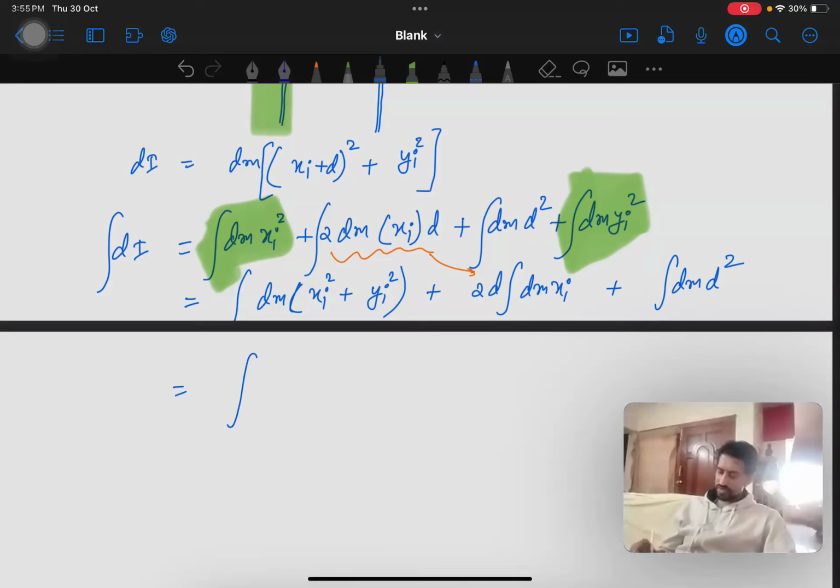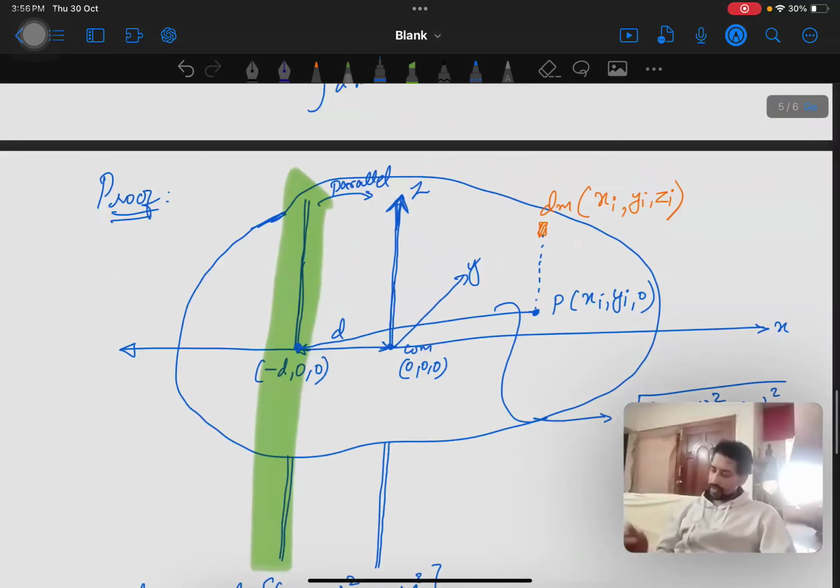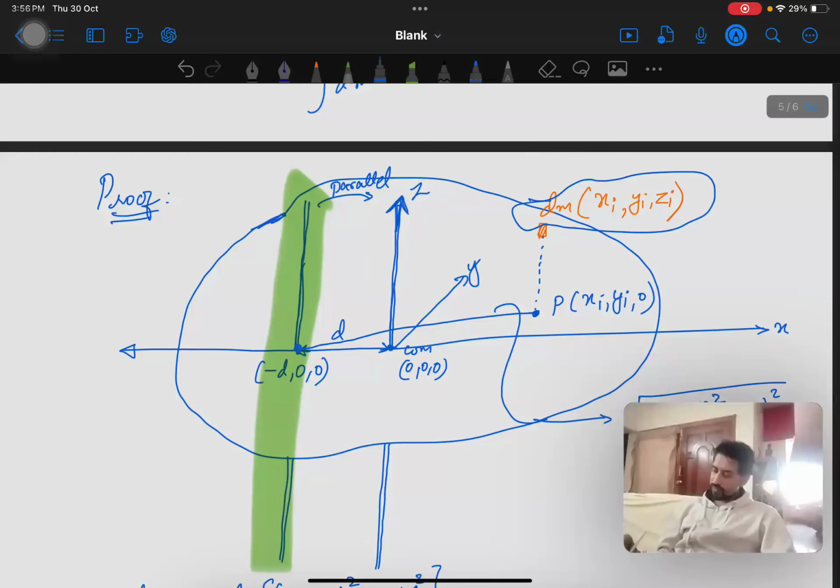So what is this one? dm multiplied by (xi square plus yi square). Is it not the moment of inertia about the z-axis? Yes, it is. This is nothing but the distance of this particular element over here from this particular axis over here, square of that.